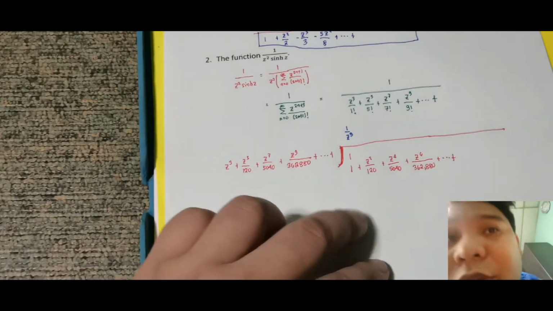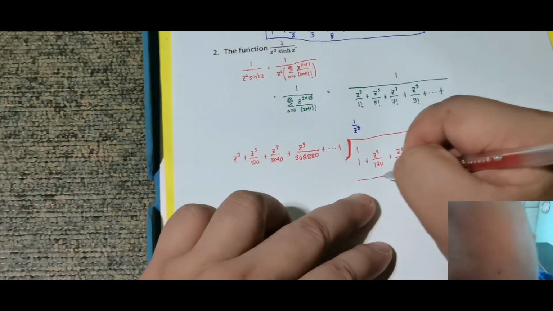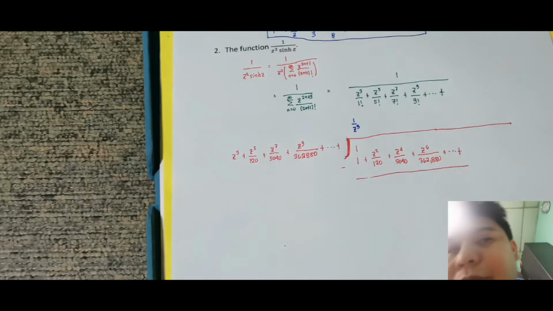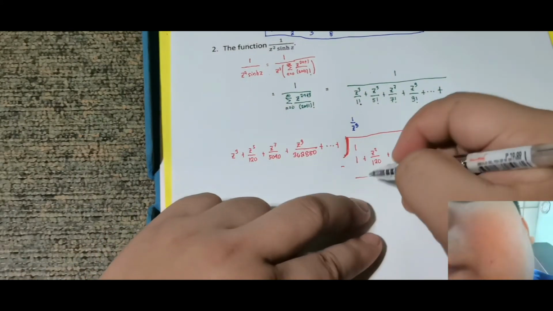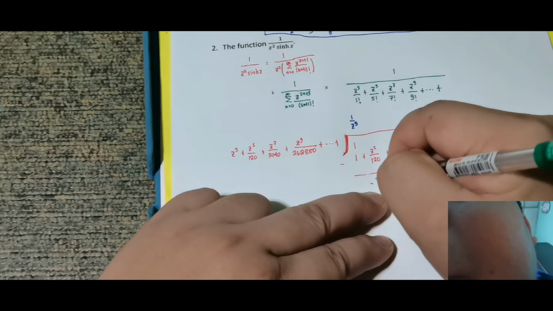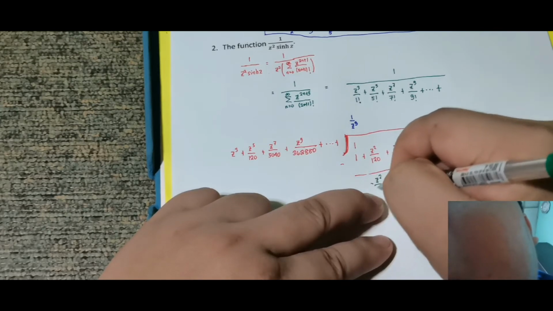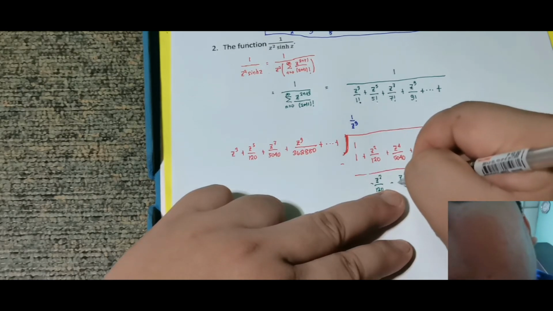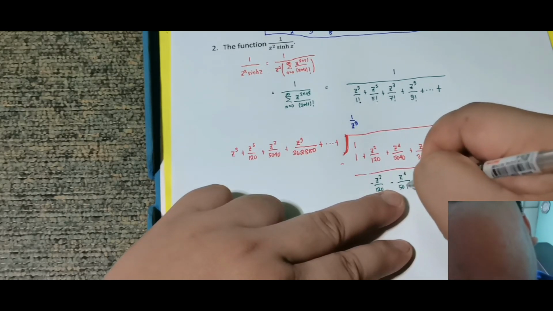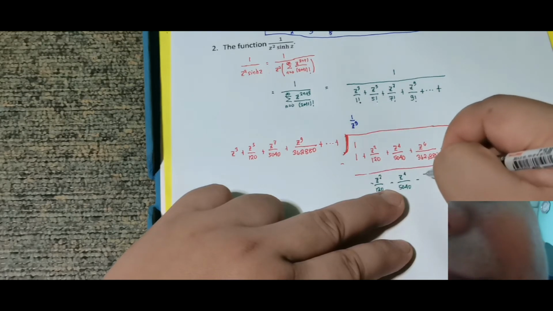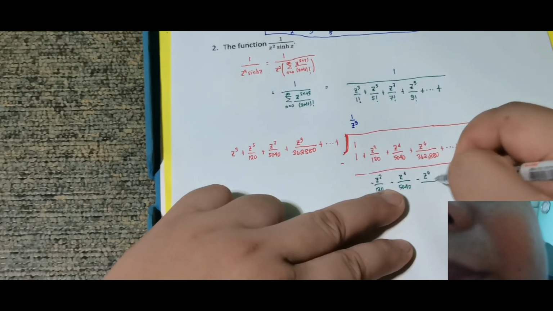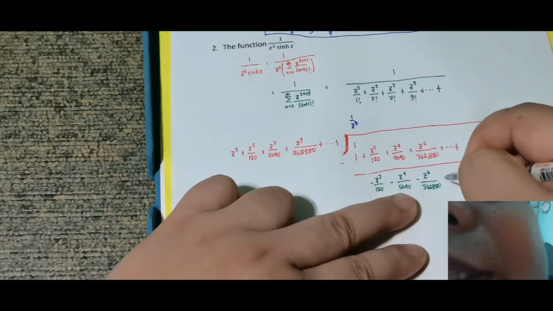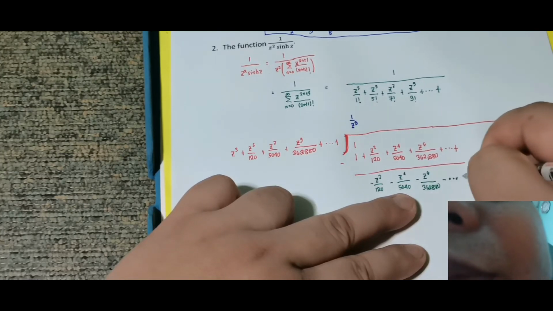Okay, next is proceed tayo by addition or by subtraction rather. So subtract natin yan. So we will have negative nito. So this is 0. So this is negative z squared over 120 minus z to the fourth over 5040, minus z to the 6 over 362,880, minus that minus.